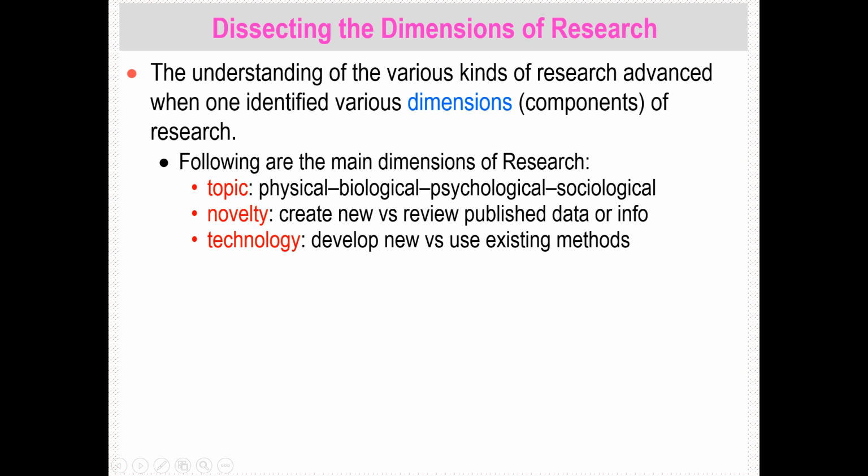Then, to carry that out, you select the topic, you search for the novelty, and now you need some technology. You need to develop new methods versus the existing methods.